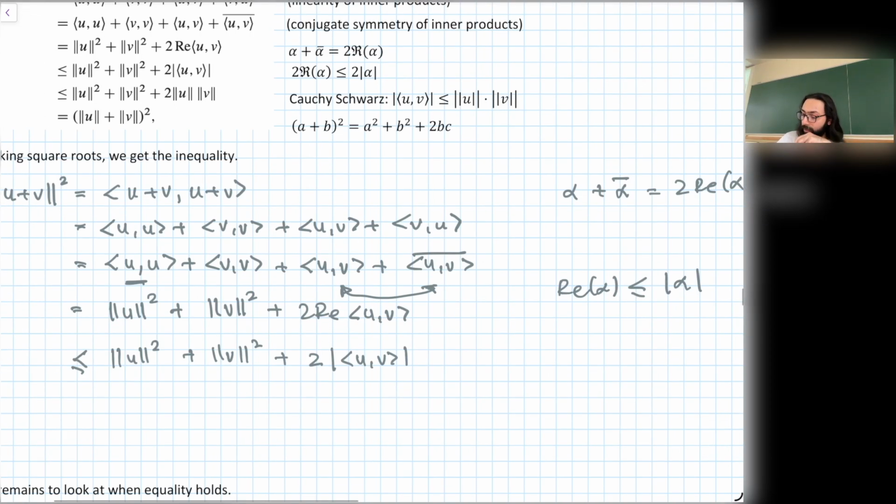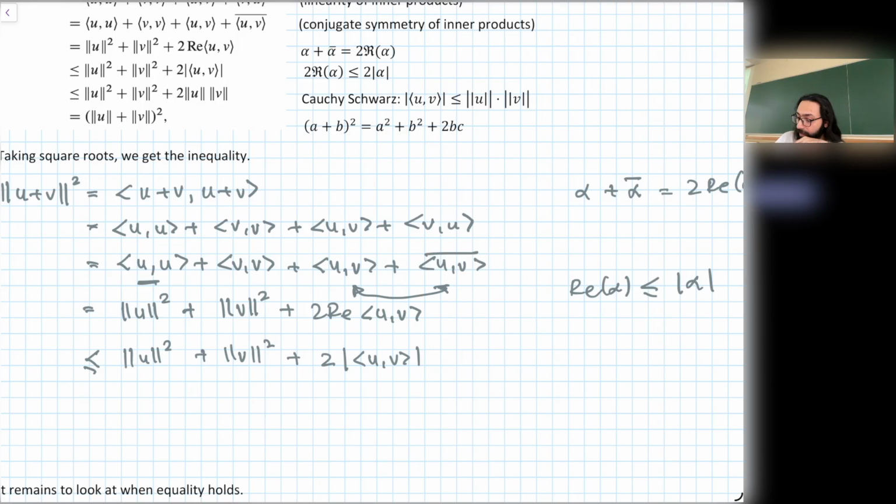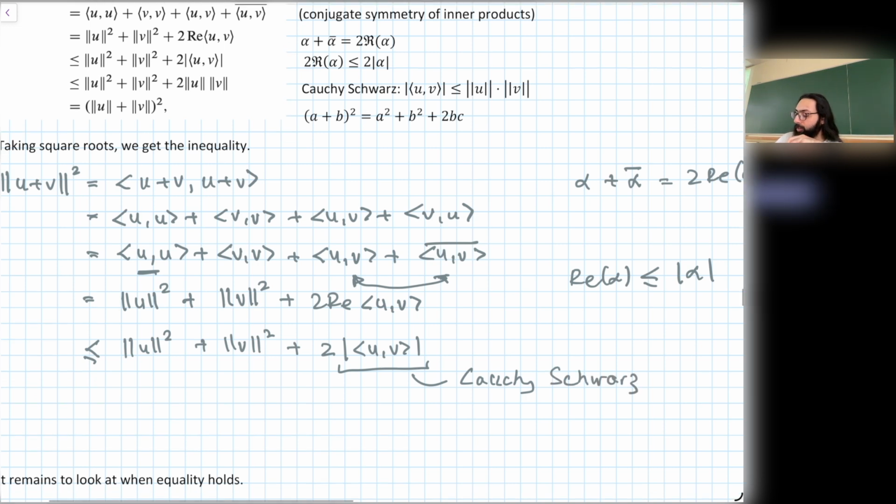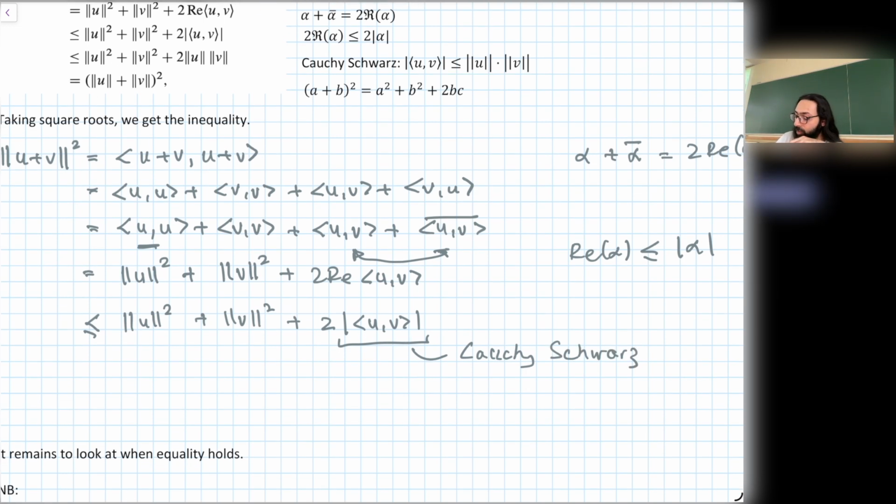Once we have this, do you recall any inequality involving uv? We learned a very nice inequality, Cauchy-Schwarz. So Cauchy-Schwarz says this thing is going to be at most what?